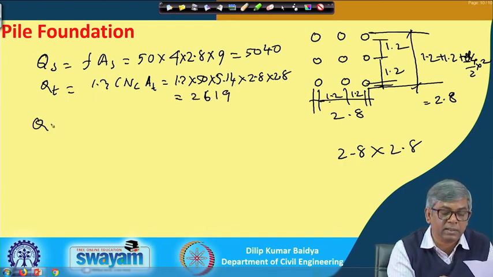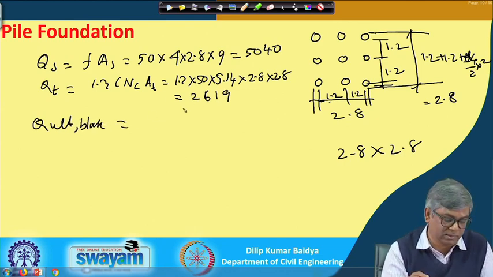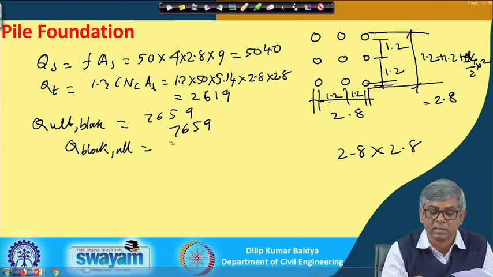So, Q ultimate block will be equal to this plus this, that means 7659. So, Q block allowable will be equal to 7659 divided by factor of safety equal to 3.